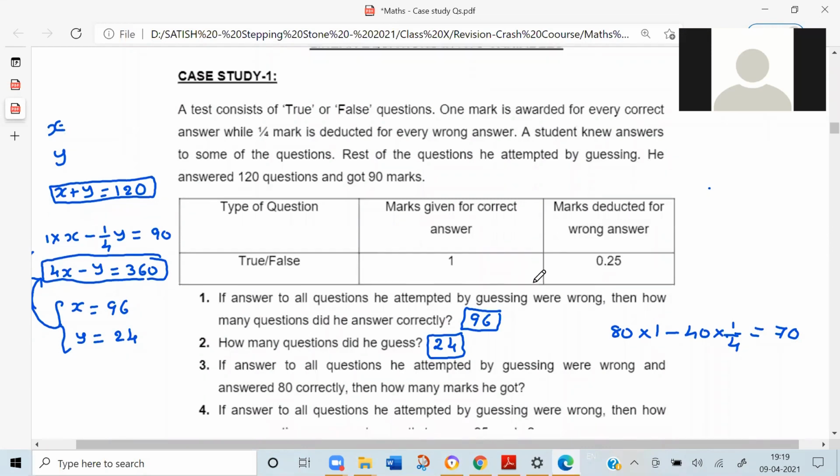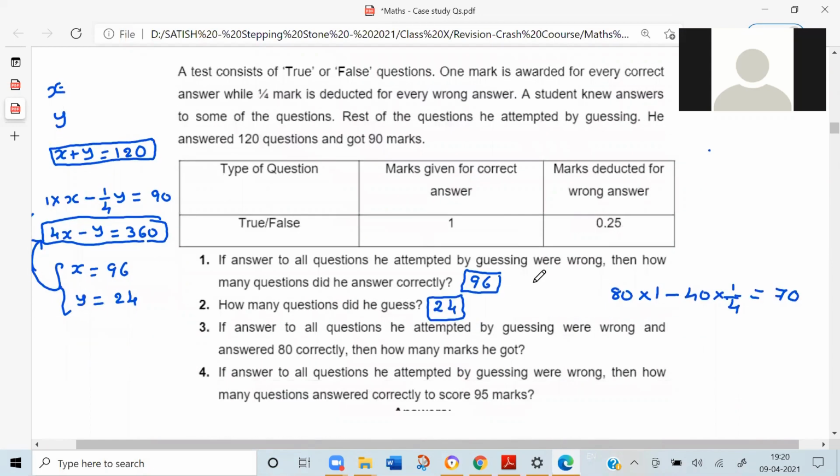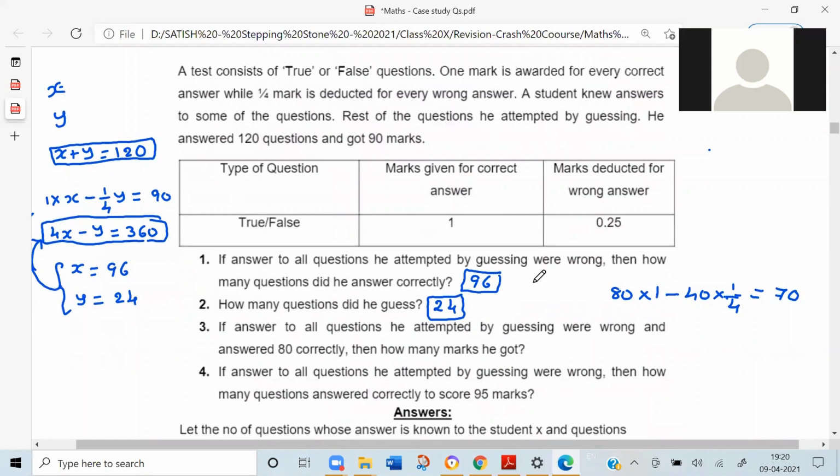Next, fourth question. If answers to all the questions he attempted by guessing were wrong, then how many questions answered correctly to score 95 marks? Here marks is given again. So how many questions were correct? Now, try to frame the equation, all of you.